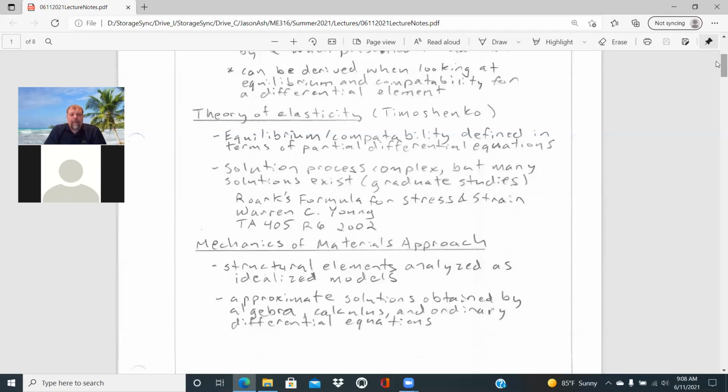And I think when we start getting into things like column buckling and beam bending, associated displacements with that, that's when you get into calculus and ODEs a little bit more. So we will get into those here a little bit later in the summer.